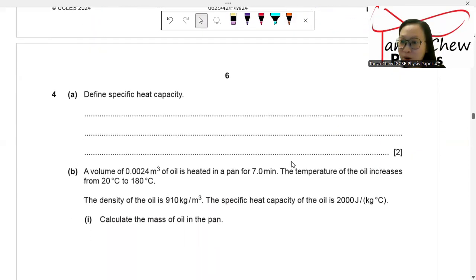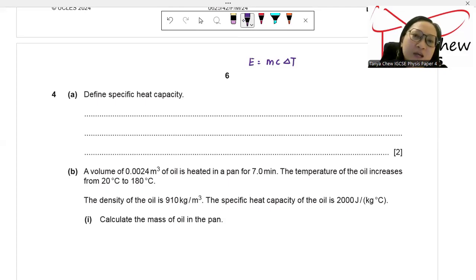The next one, question number 4. This is about specific heat capacity. Whenever you see the word specific heat capacity, there's only one equation, that is E equals mc delta T. C represents specific heat capacity.